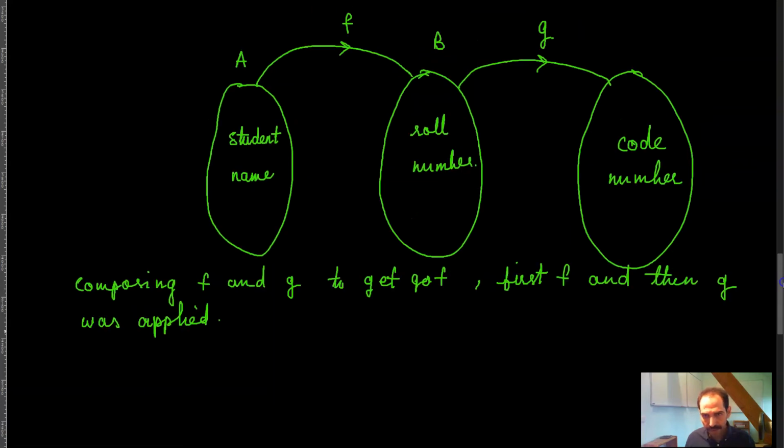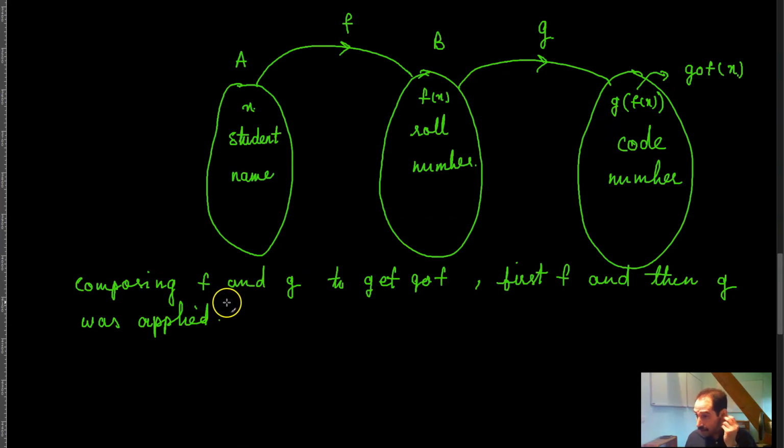Meaning that first you apply f, and suppose that you have some x over here, then you will get f of x, and then if you apply g to that, you will get g of f of x, which is the same thing as g o f of x, right? So while composing f and g to get g o f, first f and then g was applied.